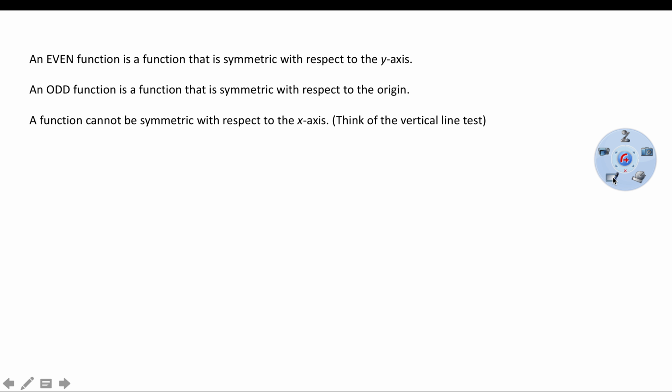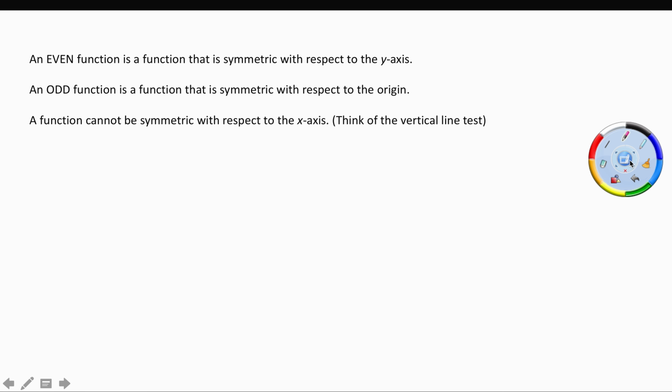If our equations are functions, then we have particular terms for our symmetries. An even function is a function that's symmetric with respect to the y-axis. And an odd function is a function that's symmetric with respect to the origin.